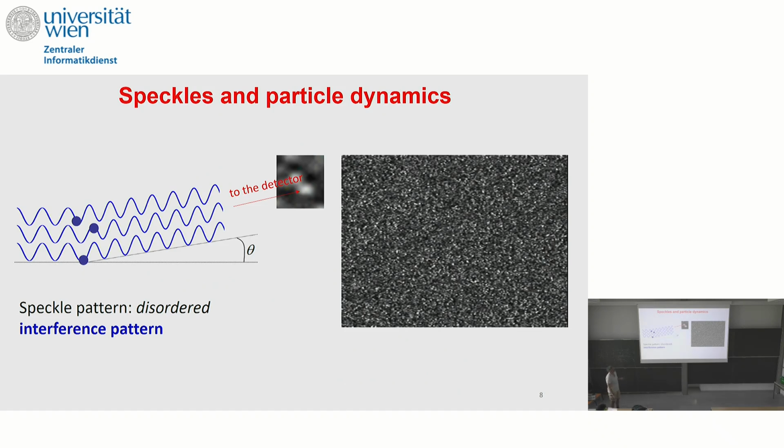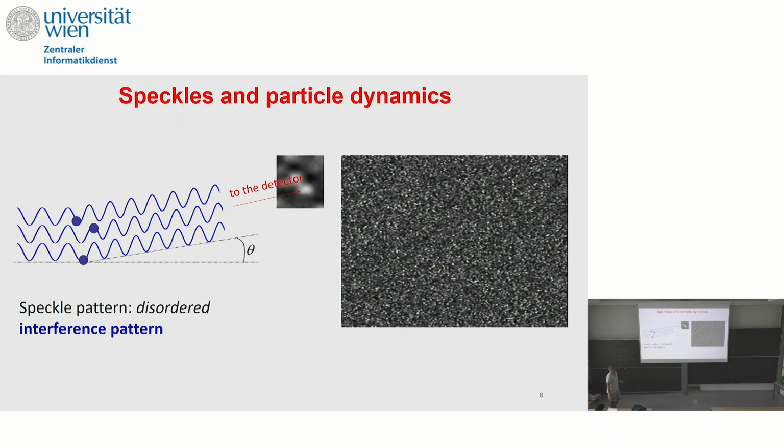So what is the idea behind this light scattering method? Here I have sketched just 3 particles. Of course, your sample contains billions of particles illuminated by the laser. This is the laser light that arrives.